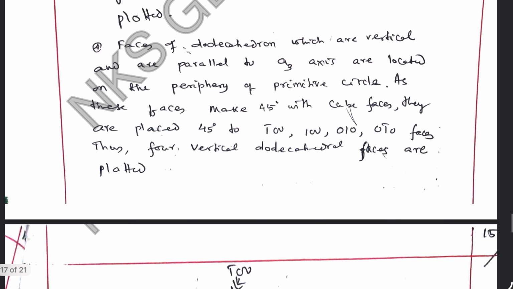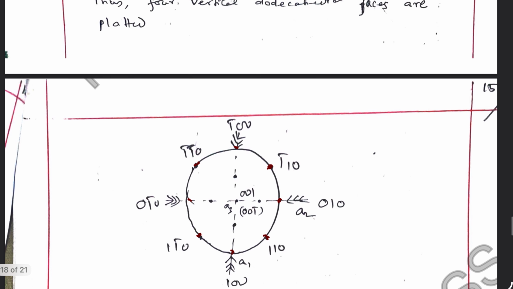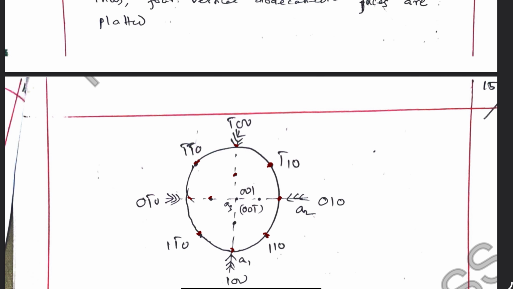They are transferred to these points. So this angle is 45 degrees, this angle is 45 degrees, this angle is 45, this angle is 45 degrees. So we can draw this circle. Look at these faces, 45 degree portion.